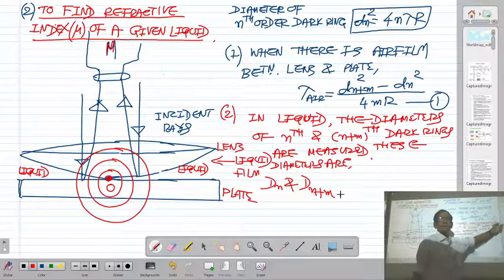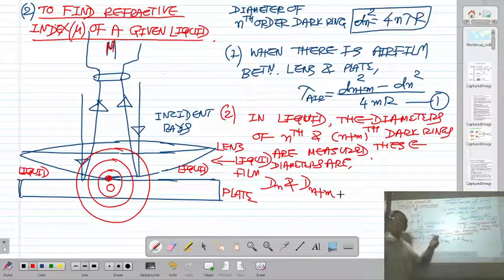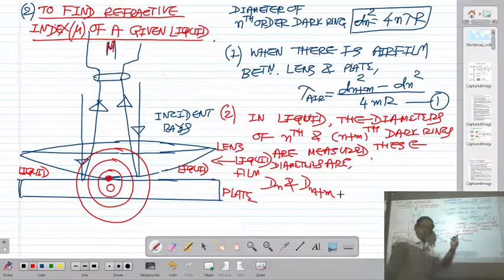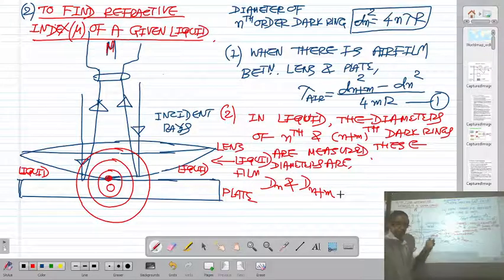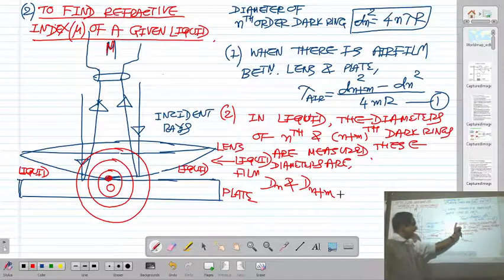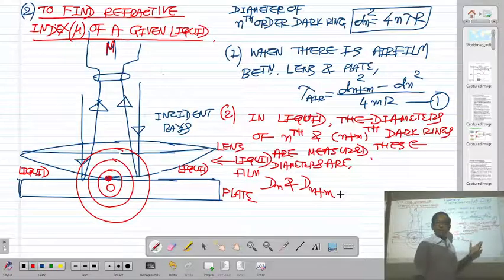So when the given liquid, water or glycerin, is introduced between the lower surface of the lens and the upper surface of the plane glass plate, a thin film of liquid is formed between lens and plate. So we get Newton's rings in the liquid film also. But in the liquid film the diameter of the nth order dark ring is capital Dn and the diameter of the (n plus m)th order dark ring is Dn plus m.